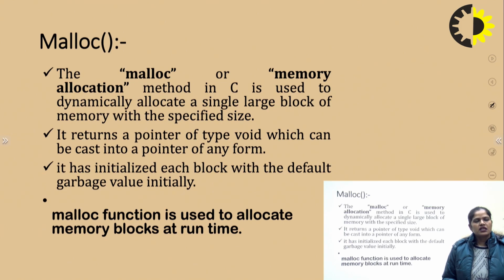Basically, if I want to allocate memory at runtime, and as you know, runtime means the execution time, right? So when we execute a program, or in real-time execution, we implement in the C language, at that time we allocate some kind of memory, and this memory is nothing but dynamic memory, right?